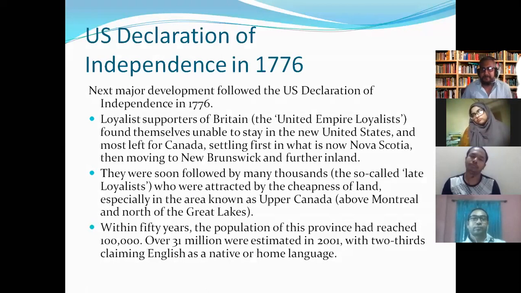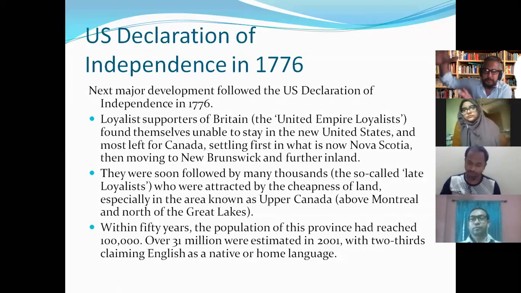What happened then? After this situation, another shuffle came with the US Declaration of Independence in 1776. Before this period, America was a province of Britain, and America and Canada were surrounding countries.